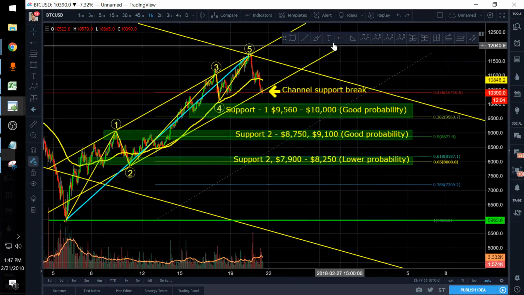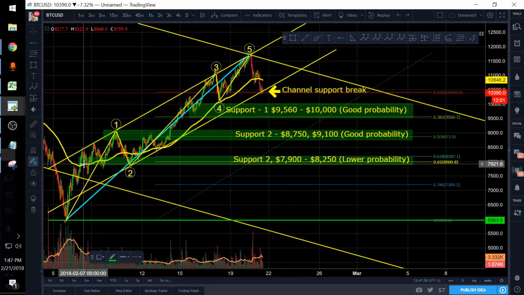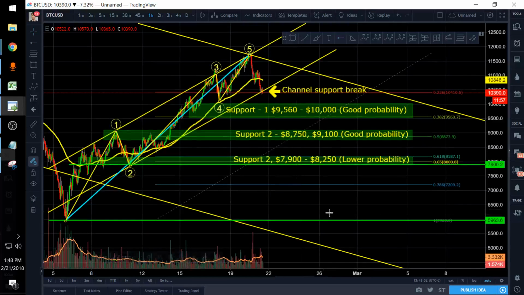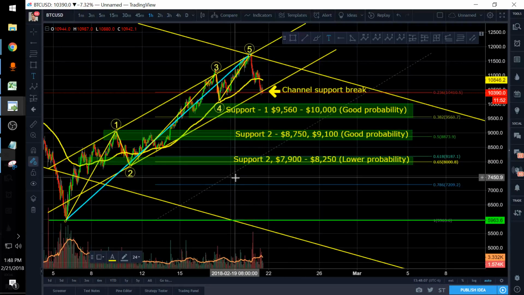And we got to make sure that we consider that if we break, for example, this region right here, I will start being concerned, put it that way, okay? Like right over here. And I'm going to annotate this for you guys as well.